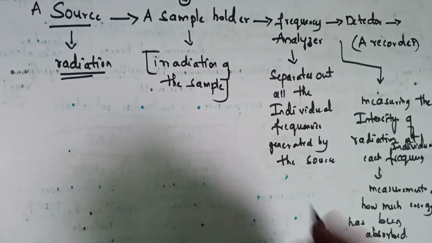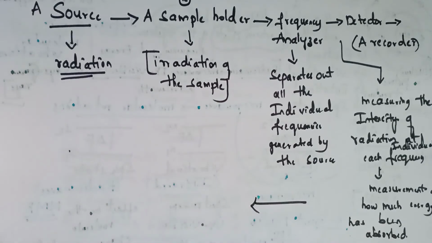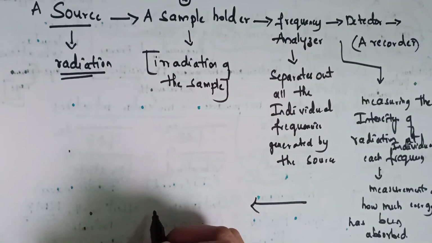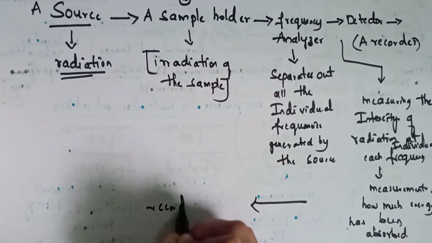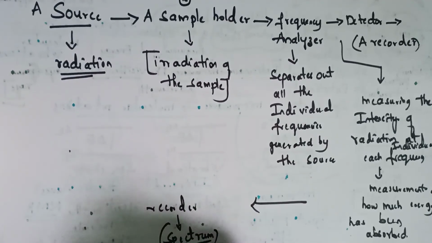Then the final thing is a recorder. It is a pen recorder or computerized data station which gives us initial viewing of a spectrum. Here in the recorder, we will get the view of a spectrum.